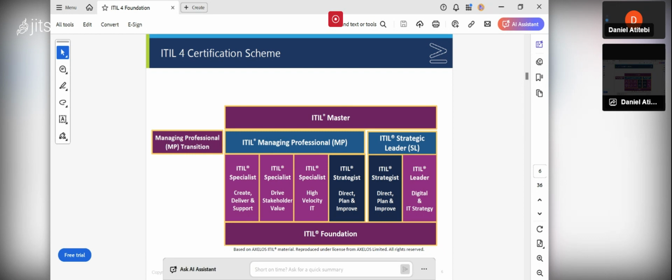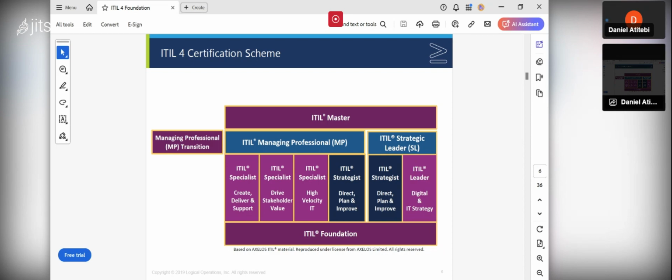After you finish ITIL Foundation, you go to ITIL leadership, whether the ITIL strategic leader, which is called digital and IT strategy, or the ITIL strategist, which is called direct, plan and improve. Or you can go through this route, ITIL managing professional, MP.